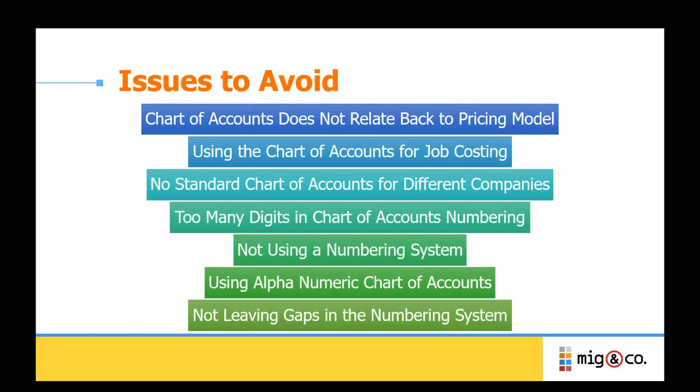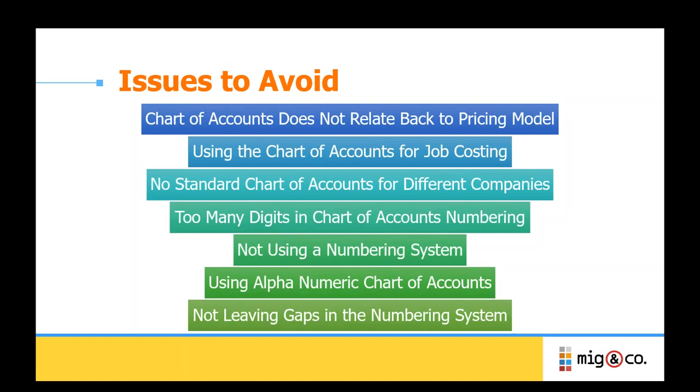So try to use the standard if you can. 1 is asset, 2 is liabilities, 3, and so on. So that just makes it easier for everybody. So that numbering system and not using an alpha chart of accounts if you can.